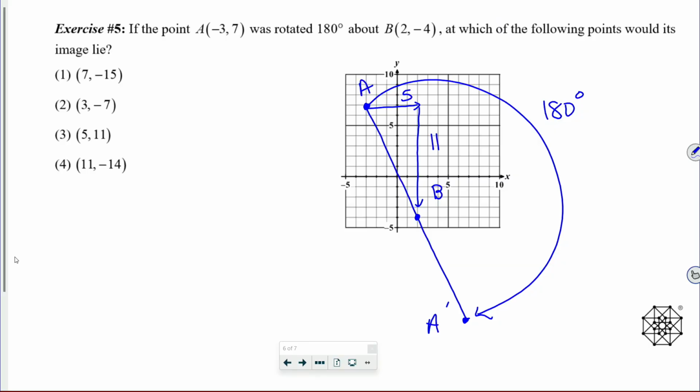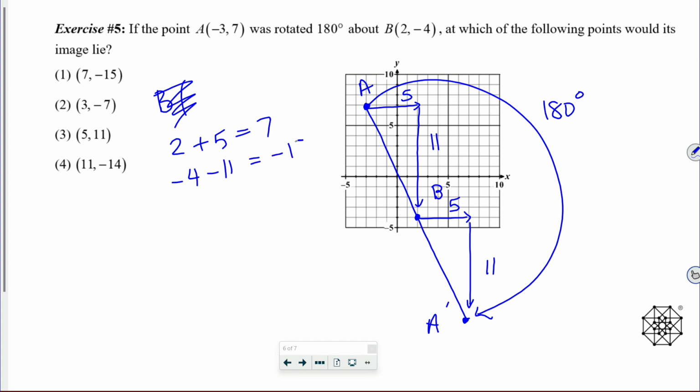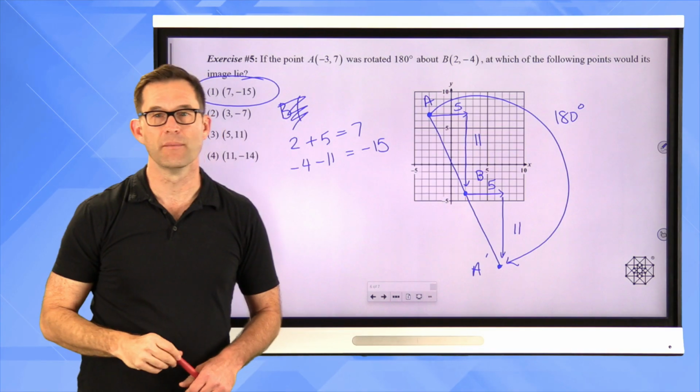So its image point has to be 5 to the right and 11 down again. So if I simply take B's coordinates, and I add 5 to the X, and I subtract 11 from the Y, I will now find the coordinates of the image point.